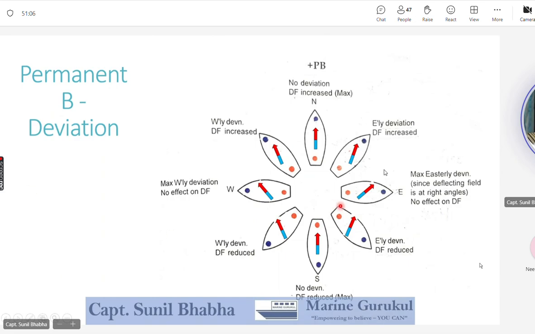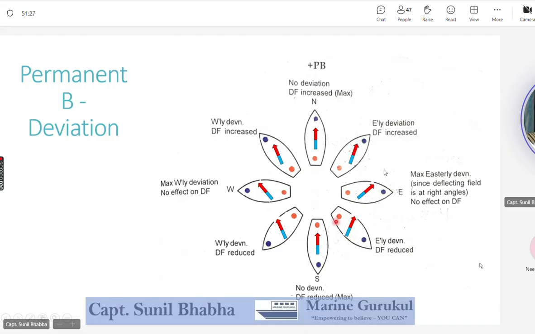When the ship heads in a southeasterly direction, the blue bow goes to southeast of the compass, and this blue bow repels the blue end of the compass needle, that is the south end of the compass needle.